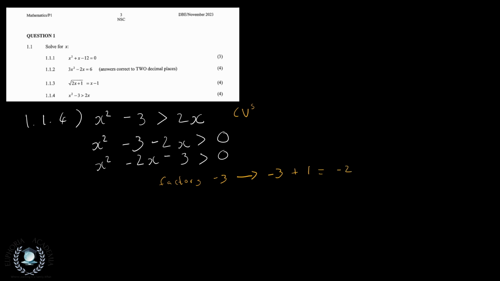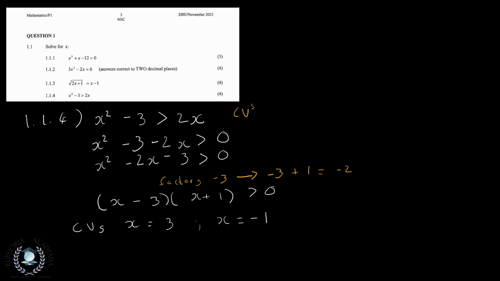So that means that factorizing this, we're going to find that we have x minus 3 as well as x plus 1 being greater than 0. All right, so our CVs, critical values in this case, are x is equal to 3 and x is equal to minus 1.